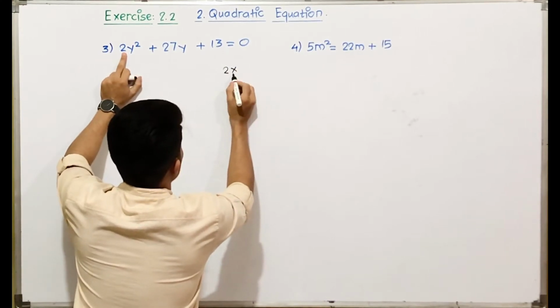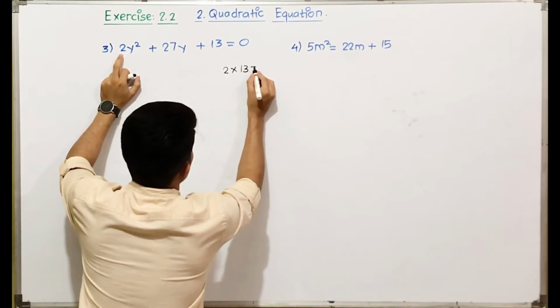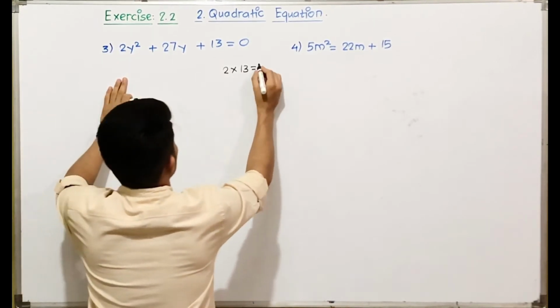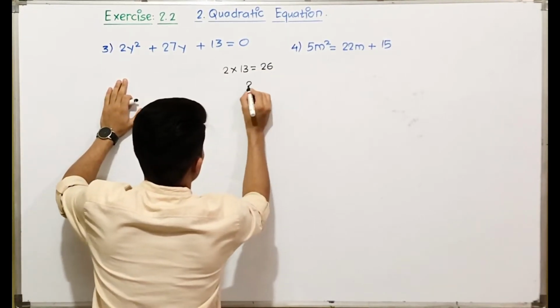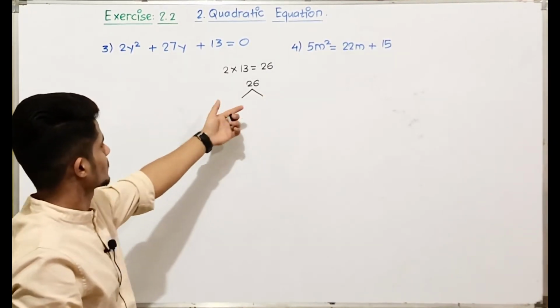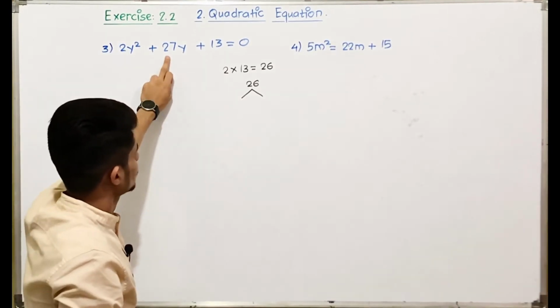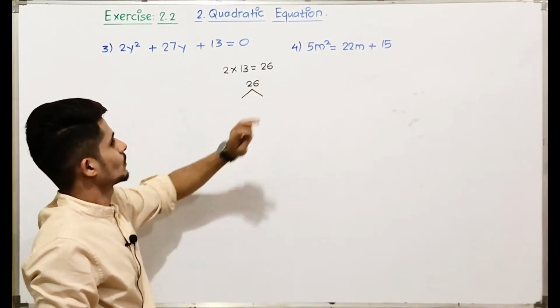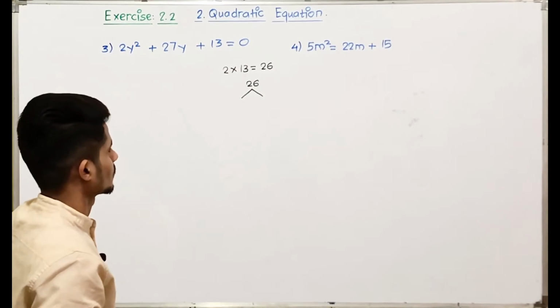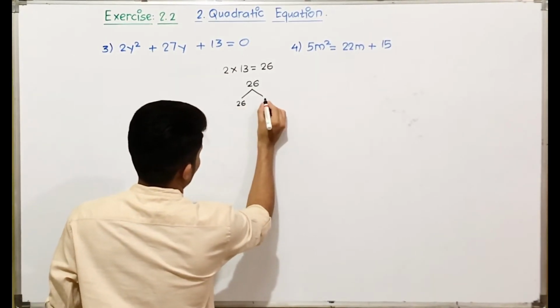Coefficient of a is 2 into coefficient of c is 13. So 2 into 13 is 26, that is plus 26. Now we have to split plus 26 in such a way that the addition should be equal to 27 and multiplication should be equal to 26. So the numbers will be 26, 1.